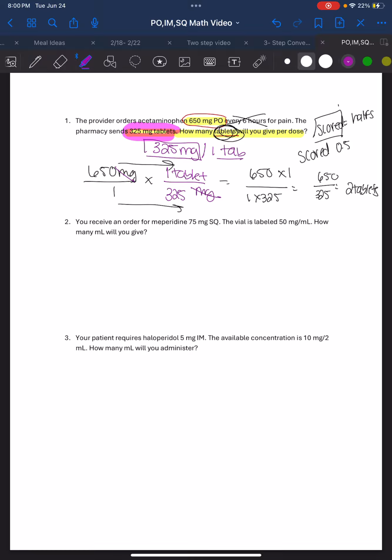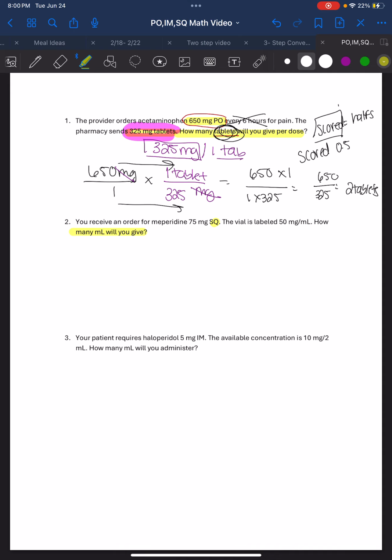Okay, moving on to our next question. This one is going to be subcutaneous, which is highlighted here. You receive an order for meperidine 75 milligrams subcutaneous. The vial is labeled 50 milligrams per mL. How many mLs will you give? Our need is to see how many mLs we're giving our patient.